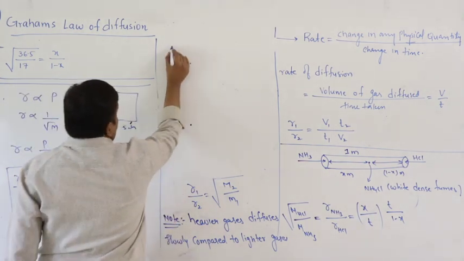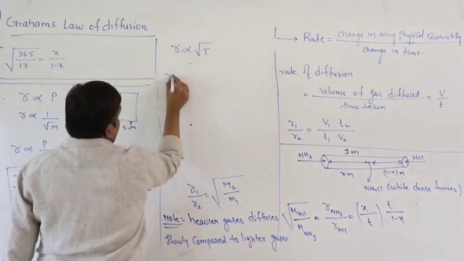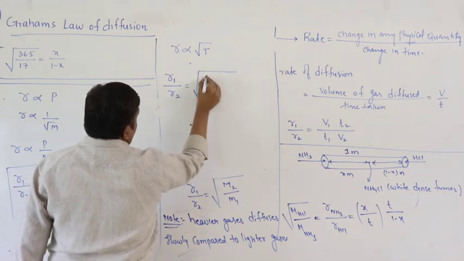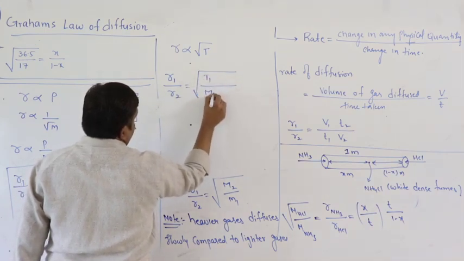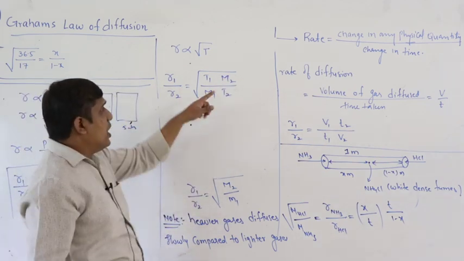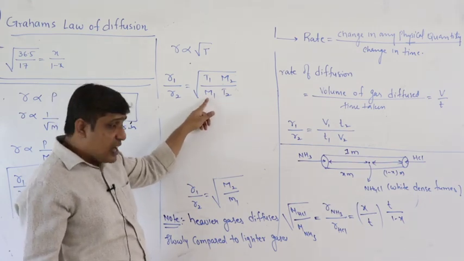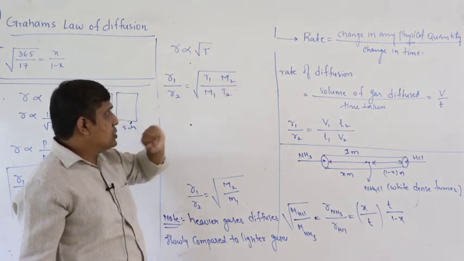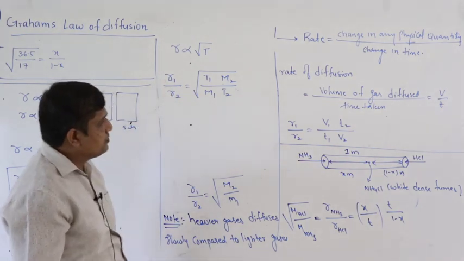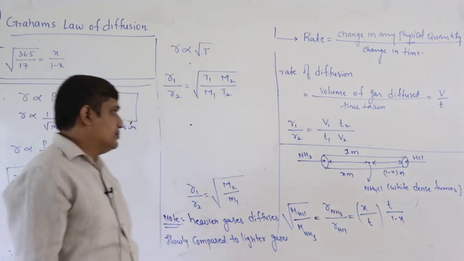So it is found that R is proportional to square root of T. So for two gases, R1 by R2 equals square root of T1 by M1 over T2 by M2, where T1, T2 are the temperatures of gas 1 and gas 2, M1, M2 the molecular weights, and R1, R2 the rates of diffusion. So more the temperature, more will be the rate of diffusion.